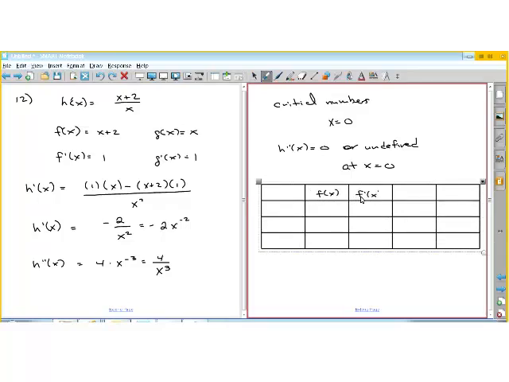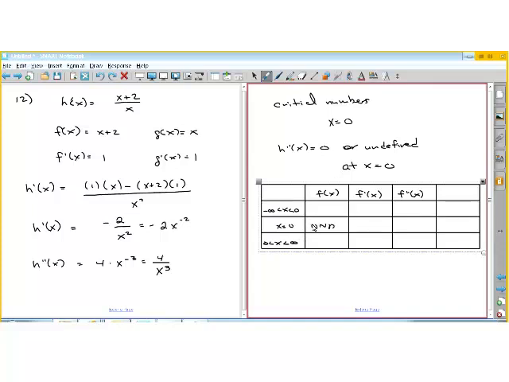The value of the function, the value of the first derivative, or actually the sign of the first derivative. The only place we put values is f of x. I'm not going to put interval because they're not all intervals. In this case, we do have the case where x equals 0. In contrast to what we've done so far, we actually want to include every point in the domain, not just the intervals that are outside of it.